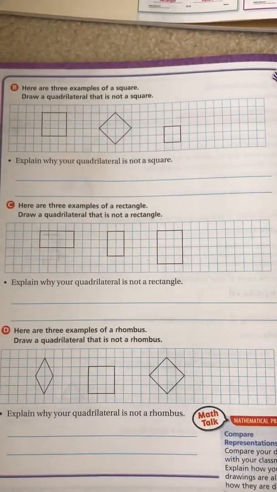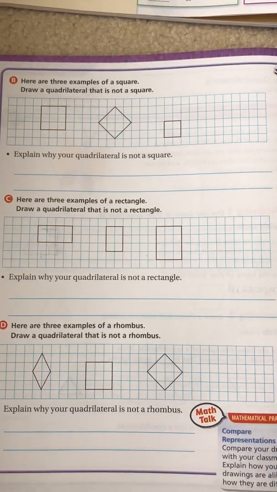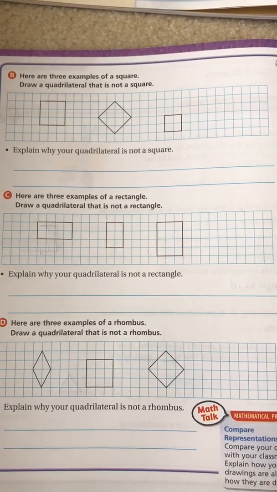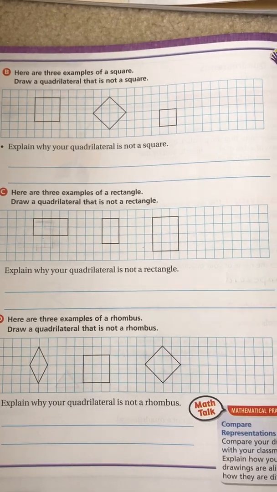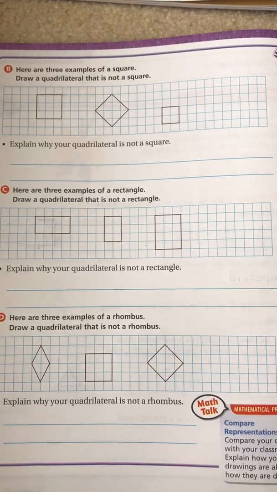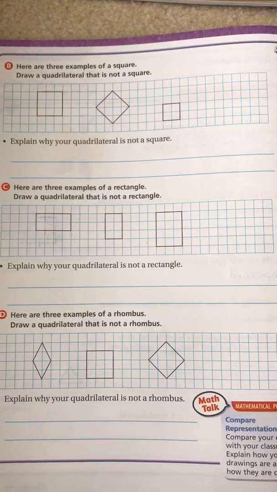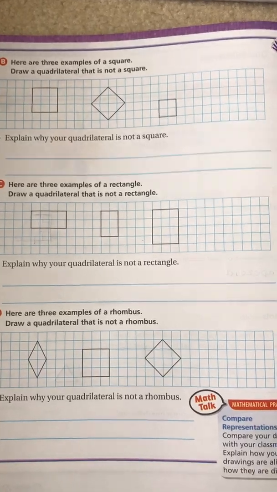This says, here are 3 examples of a square. Draw a quadrilateral that is not a square. Squares have 4 right angles, they have 2 pairs of opposite sides that are parallel, and they have 4 sides of equal length. So I would just need to draw something that does not have 4 sides of equal length. It could have right angles, it doesn't have to.